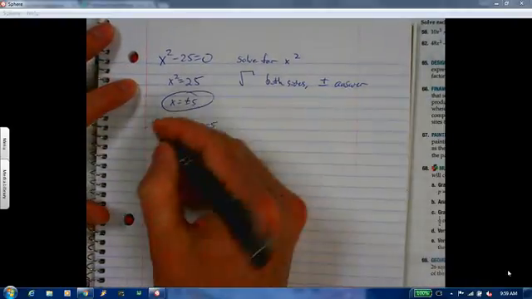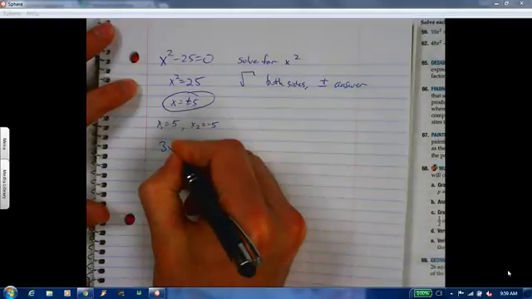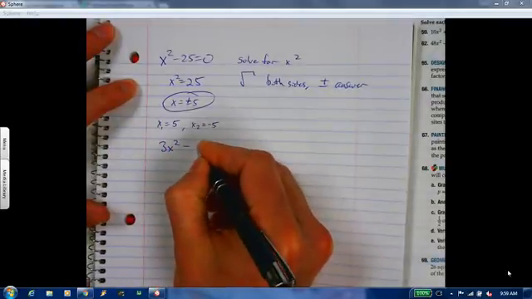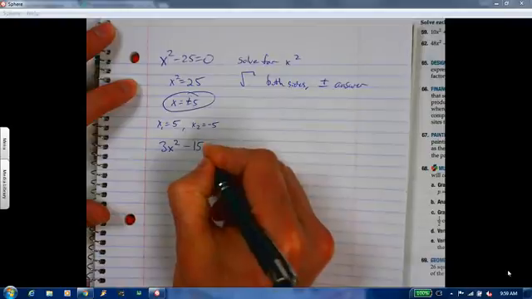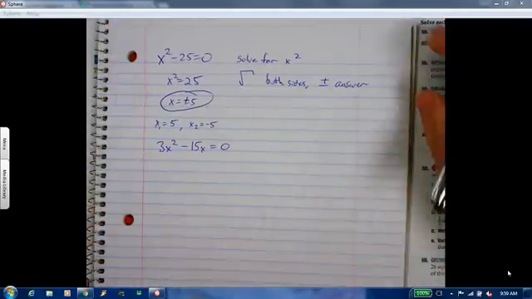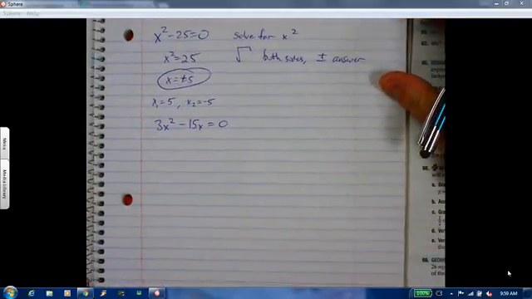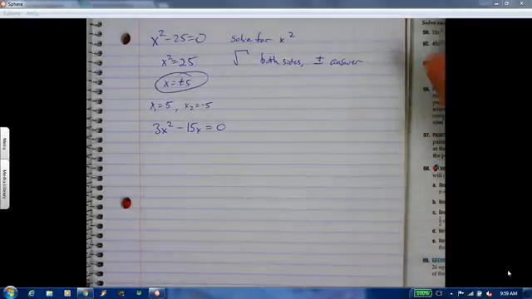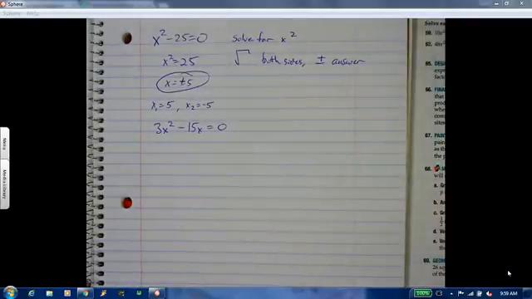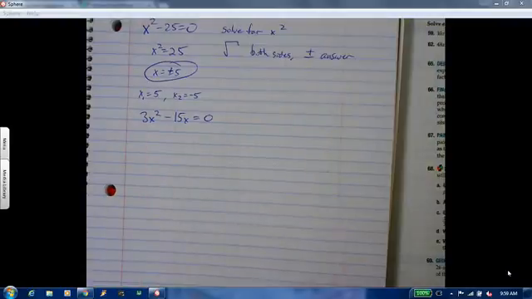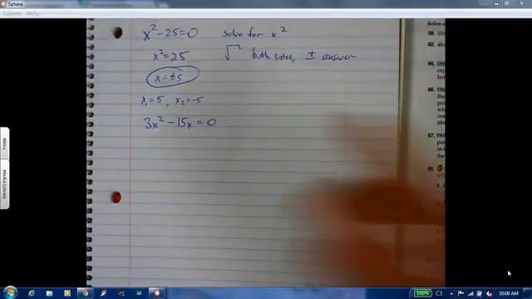Compare that with a problem that might look like this: 3x squared minus 15x equals 0. You'll see this on number 37. So is there a linear term?